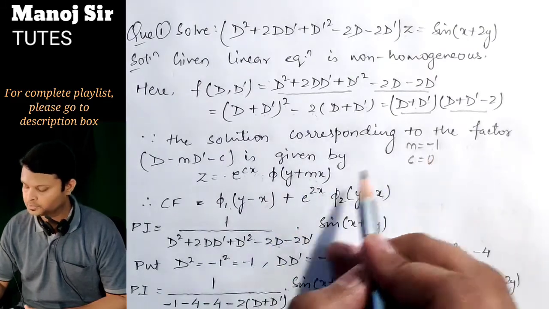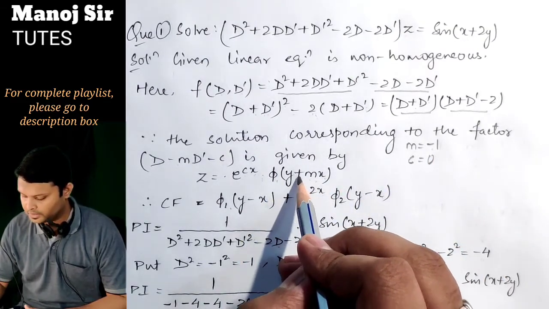What is m? That is minus 1. So this is going to be phi 1 of y minus x.